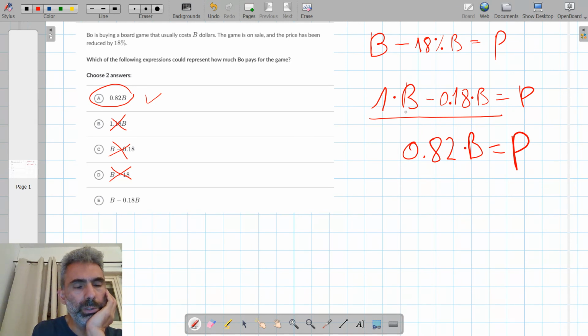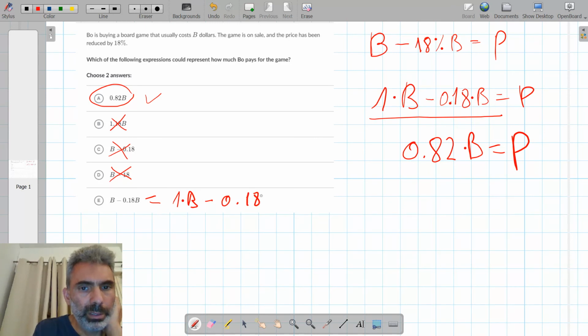B, which is the original price, minus 18% of B. 18% is like 0.18. It's 18 hundredths. So this is the same thing as 1 times B minus 0.18 times B, which is the same thing as 0.82 times B. So E is good and A is good.